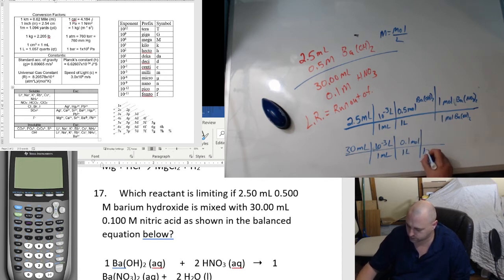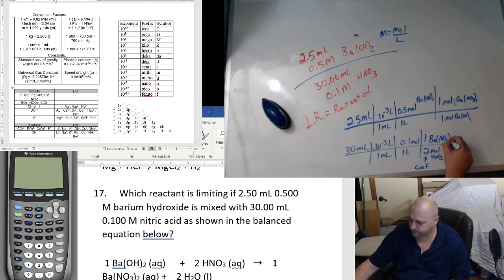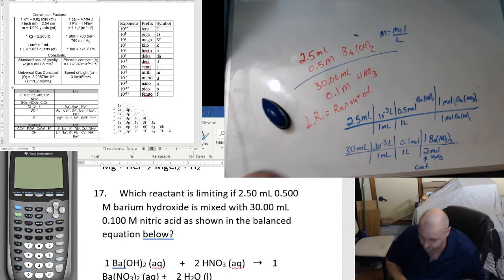Now here it's one. No, wait a minute. I need 2 moles of nitric acid. That 2 is from my equation, my coefficient. I need 2 moles of HNO3 to make 1 mole barium nitrate. All right, so there's my setup.